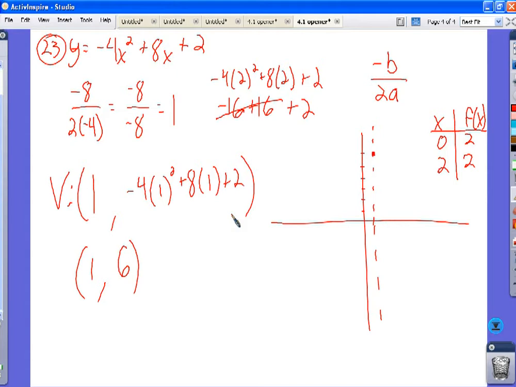Why is there just a 1? Because we did negative b over 2a, and that comes out to be positive 1. Okay, that's where that came from.